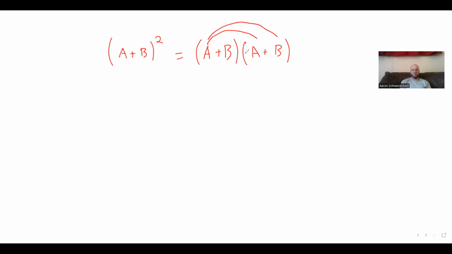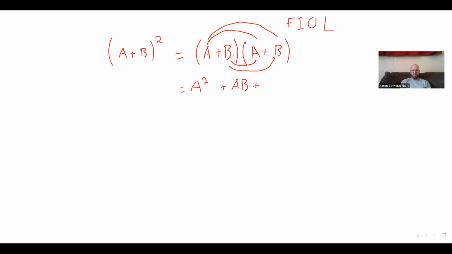The order these come in matters. Usually I do not take that into account, but A times A is A squared. A times B is AB.